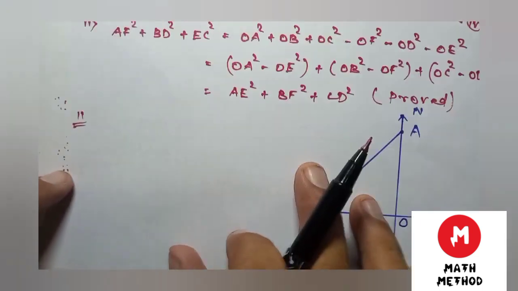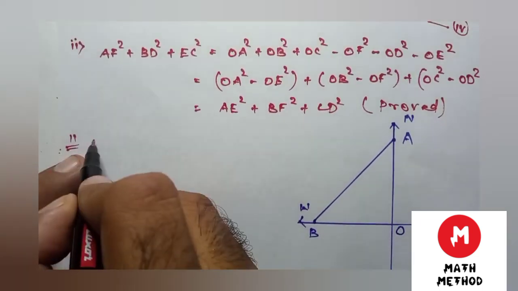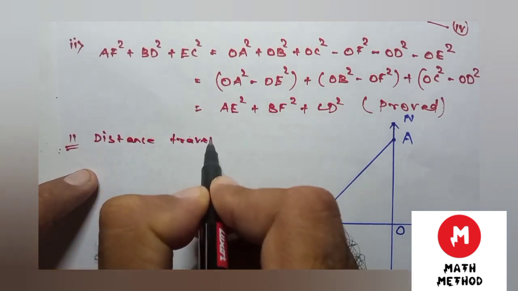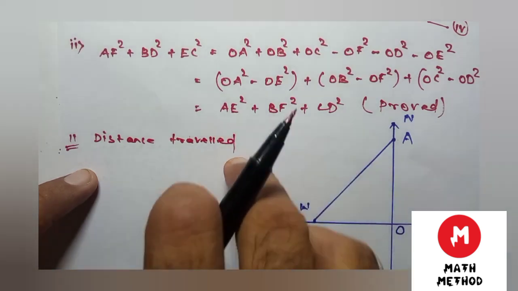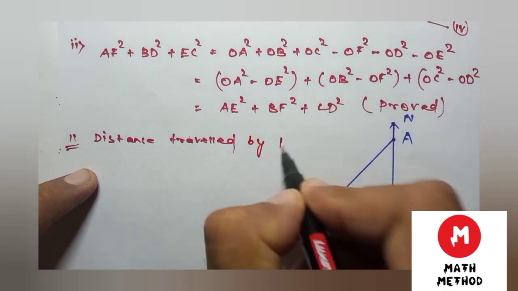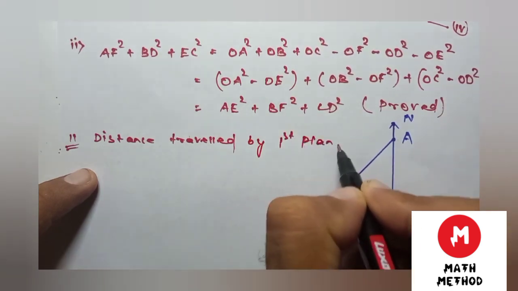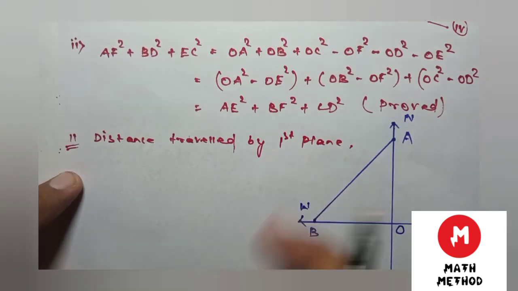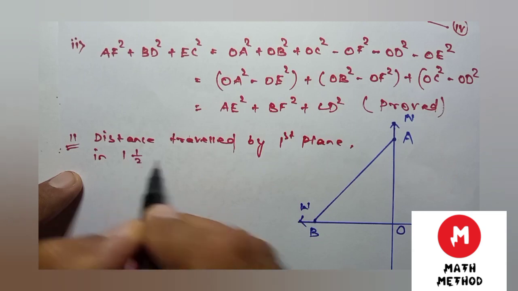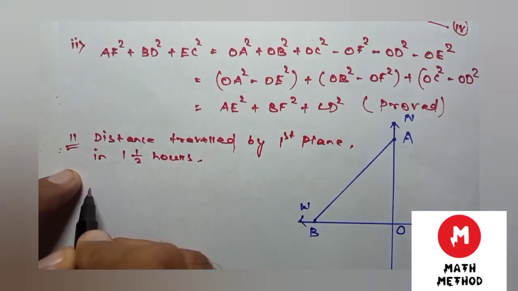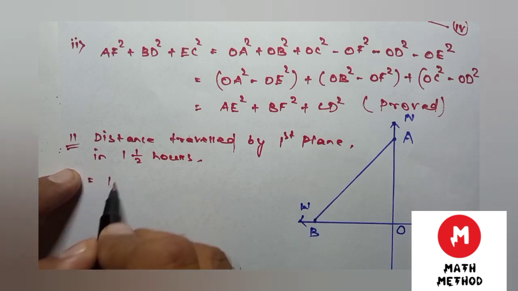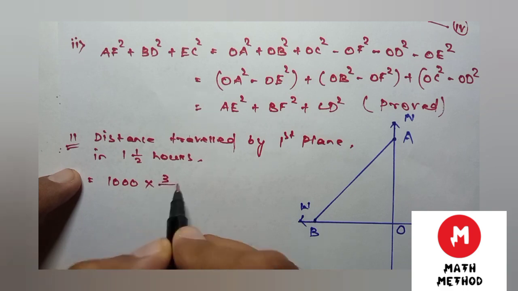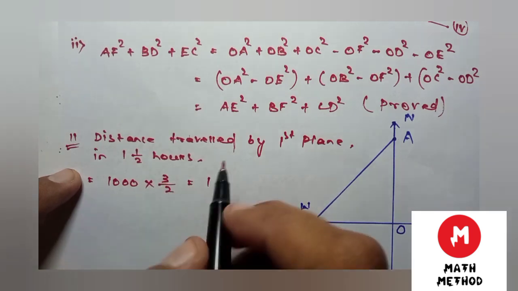So here I will start like this: the distance traveled by first plane in 1.5 hour is equal to the speed, this is our 1000, into 1 full 1 by 2, which is 3 by 2, equal to 1500 kilometers.